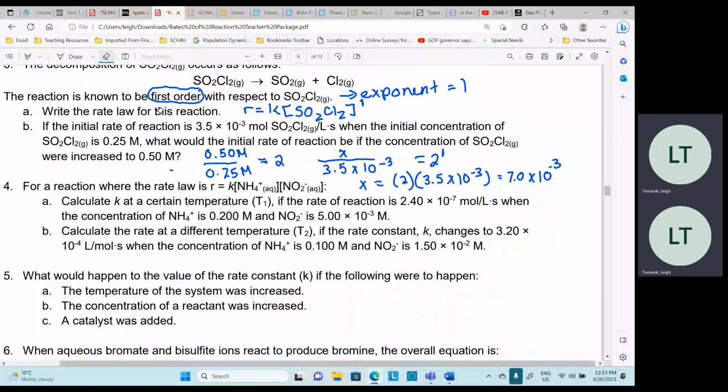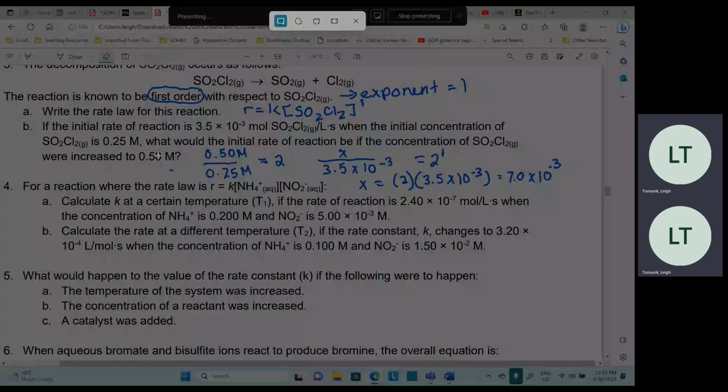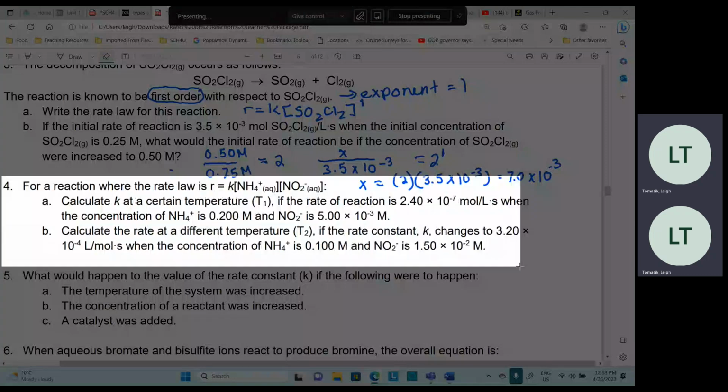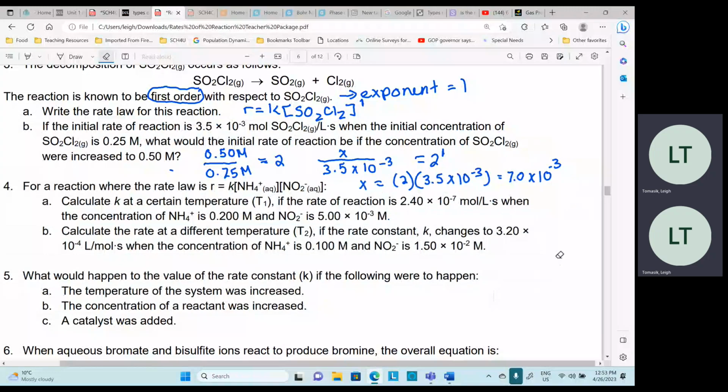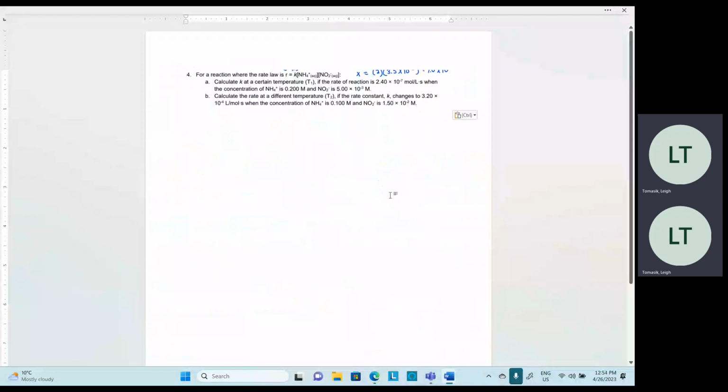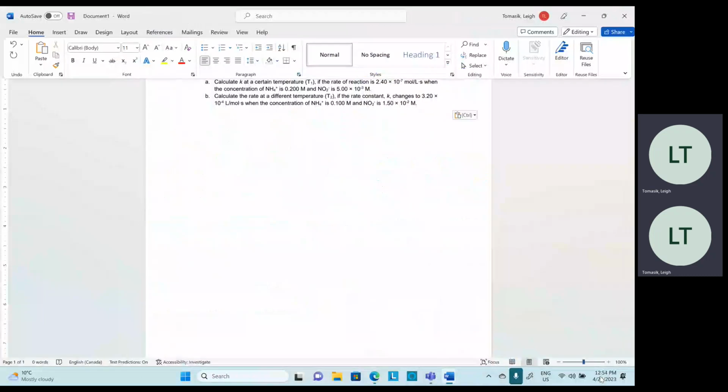And we will take a screenshot. Okay. And we're going to zoom in. Don't worry, I know the writing is small.